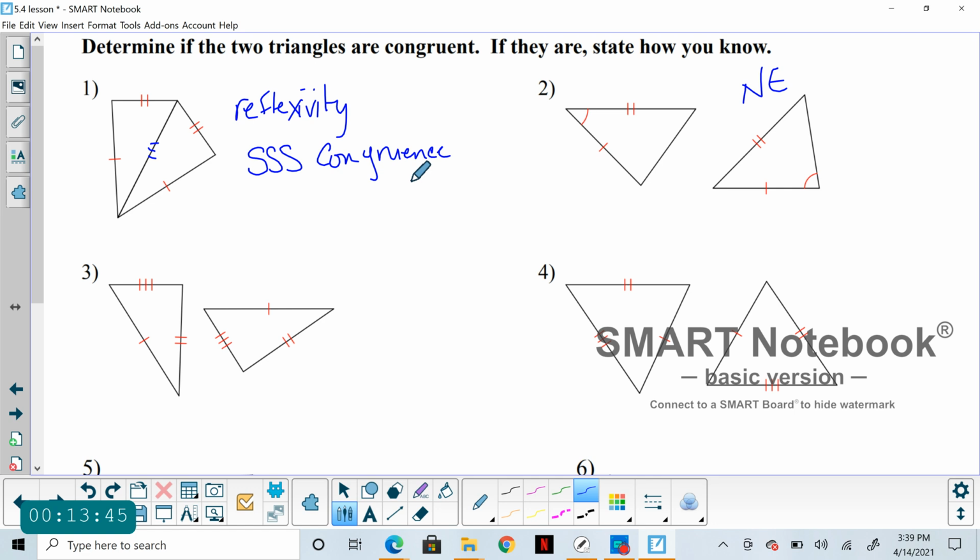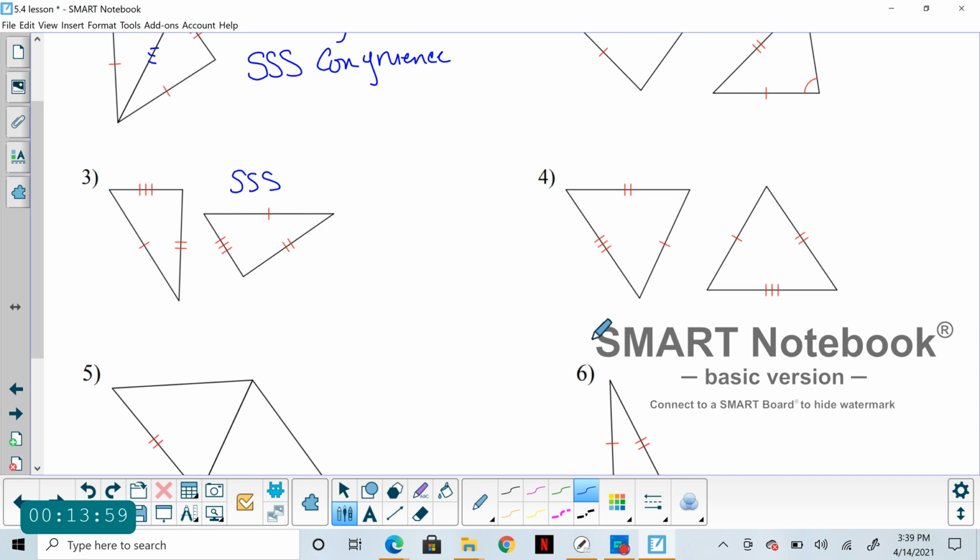All right, number 3. We have all three sides marked congruent to each other. So hopefully you agree that this is side, side, side congruence. And number 4, we have three sides. They all have the matching tick marks on corresponding sides. So we again have side, side, side congruence.